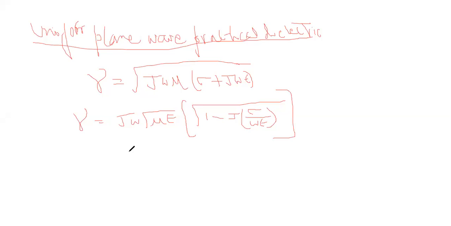Now from this equation, I am using the binomial theorem: 1 plus x whole power n is equal to 1 plus n into x by 1 factorial, plus n into n minus 1 by 2 factorial into x square, plus n into n minus 1 into n minus 2 by 3 factorial into x cube, and so on.